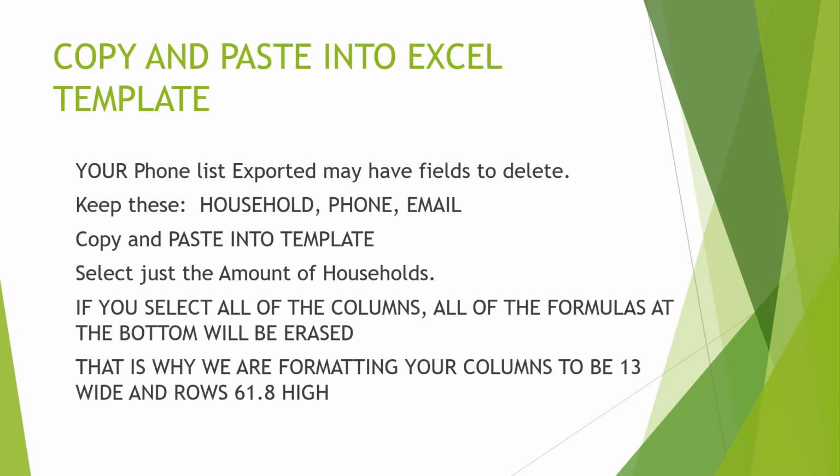And you only need these three fields: household, phone, and email. If you try to select all the columns, you're going to erase formulas at the bottom of the page. So that's why we're formatting the columns to be 13 wide and 61.8 high.